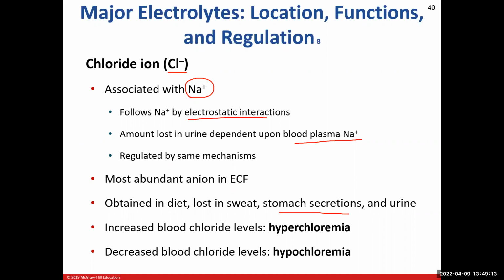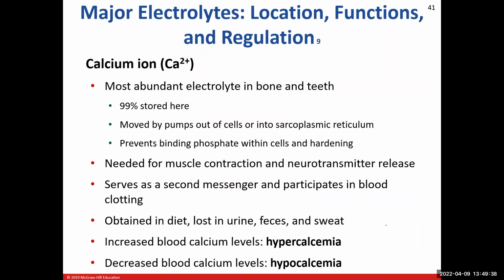But you will lose that chloride through sweating, through stomach secretions like hydrochloric acid, and then of course we'll lose it through the urine. So when we see increased levels of chloride in our blood, we call that hyperchloremia. And decreased levels of chloride in our blood is called hypochloremia.